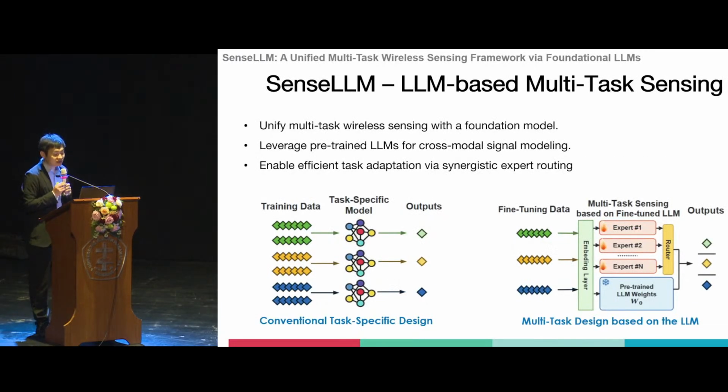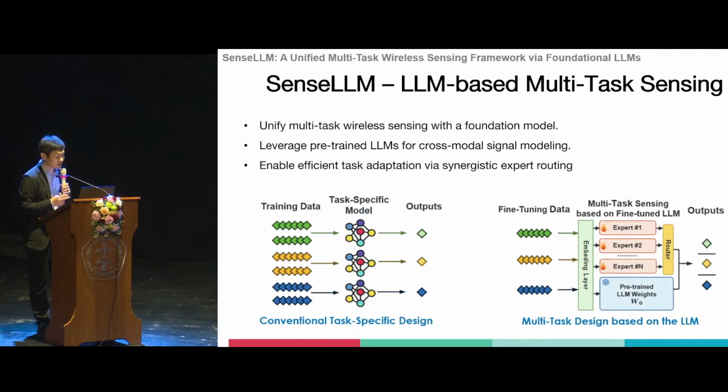In recent years, large language models have become very popular. NLP researchers have realized that one generalized LLM can handle many different downstream tasks after light fine-tuning. So we have an idea, since both language and wireless signals are sequences: can we use an LLM as a backbone for wireless sensing?